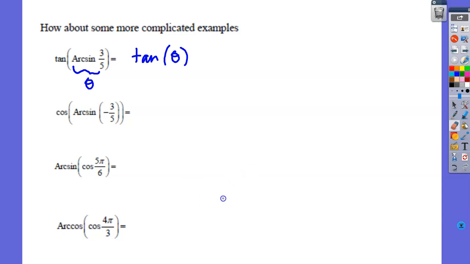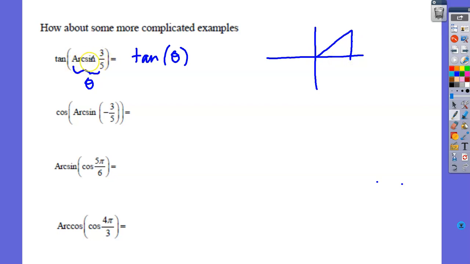Now, the problem is I don't know the inverse sine of 3/5. That's not like a nice one on the unit circle. 1/2's nice, root 3 over 2, root 2 over 2, those are all nice. This is not. So what you can do is use this relationship to make a triangle. It tells you the sine ratio is 3 to 5, and it's positive and it's capital.